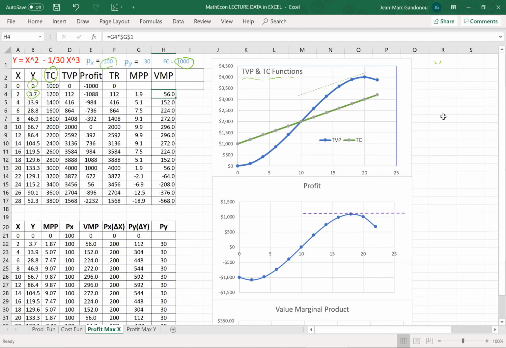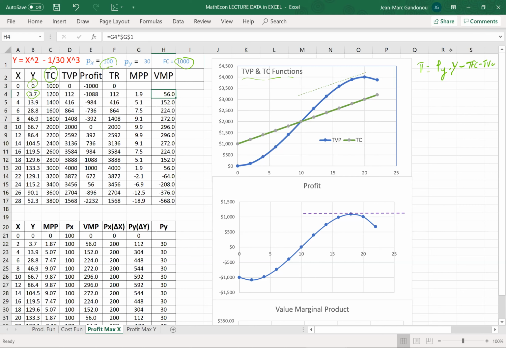To find the optimum input that will be used to maximize profit mathematically, we know that profit equals total revenue, which is Py times Y, that's the value marginal product, minus total fixed cost minus total variable cost, right?